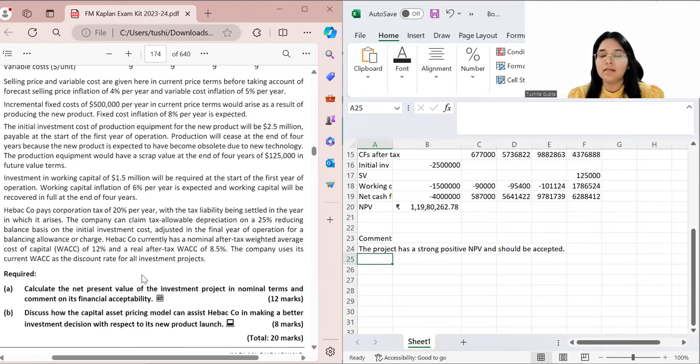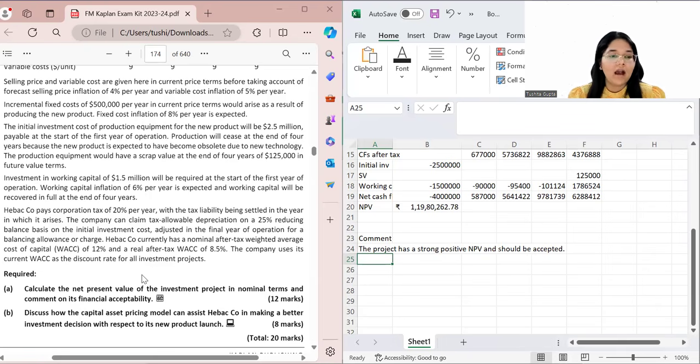But in a scenario where they're probably trying to venture into something new which they have not done previously, they should go ahead and calculate a risk adjusted WACC. And the CAPM model can help with that. The CAPM model will help to give them a project specific discount rate accommodating the financial risk that the company has, along with the changed business risk now that we are entering into something new.